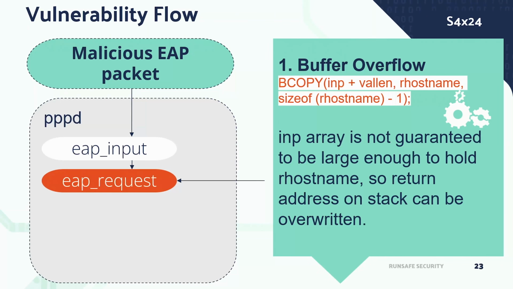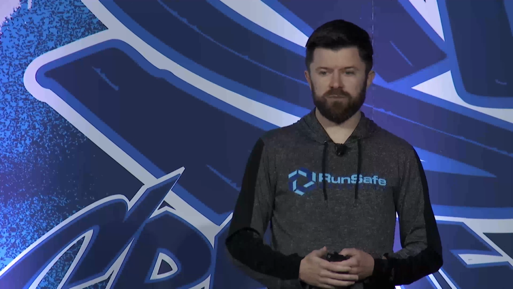And this is where you have the bcopy function, that R hostname, that optional hostname that comes in. This is where the buffer overflow happens, because that IMP object isn't actually guaranteed to be large enough to hold that. So it's a super trivial buffer overflow to exploit.